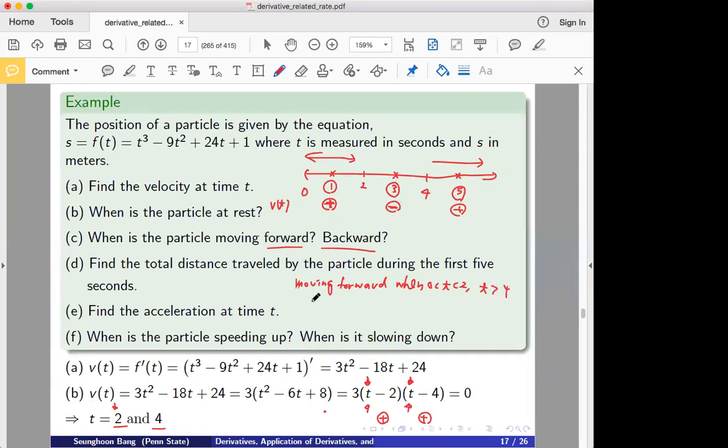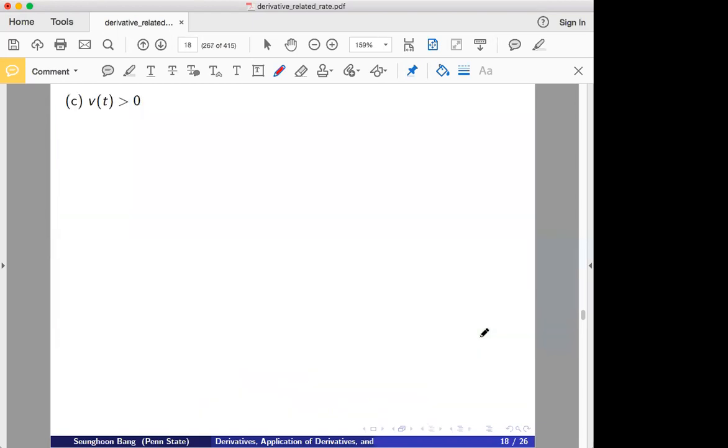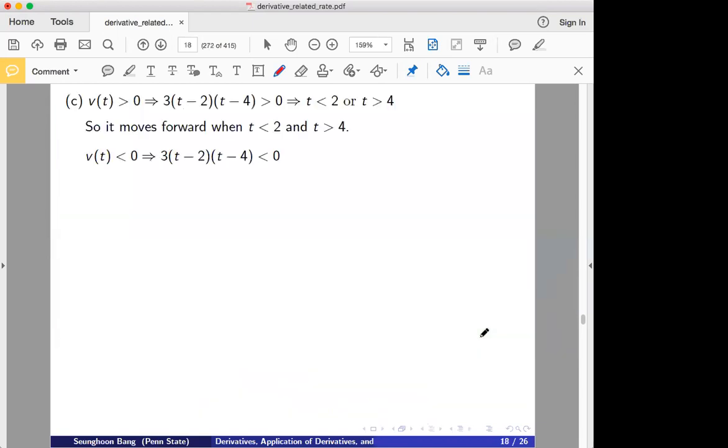Moving backward, when? Exactly 2 to 4. The time interval is between 2 and 4. So this is the idea. Moving forward, moving backward. So like this.